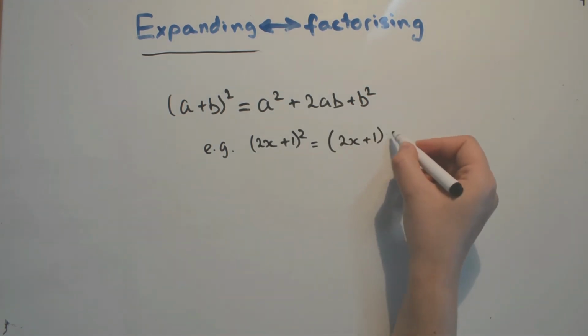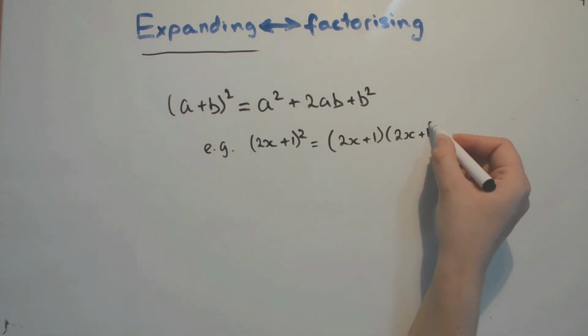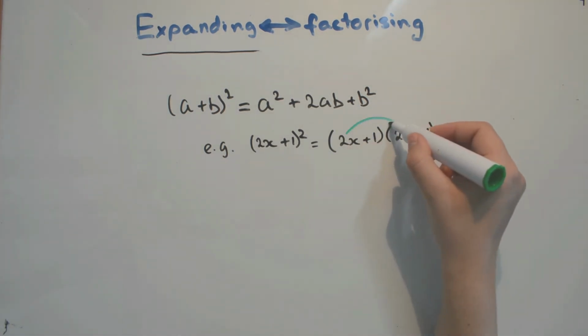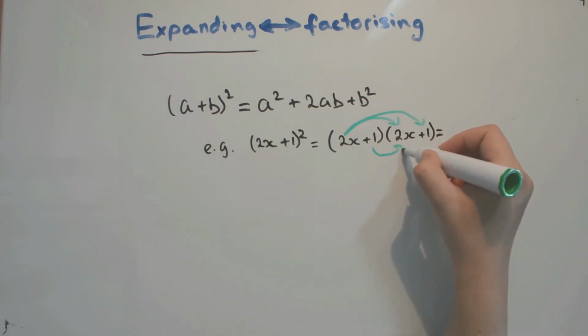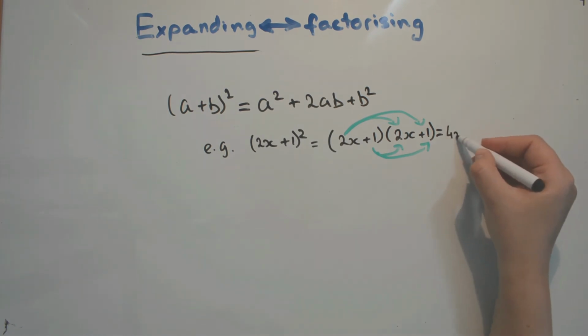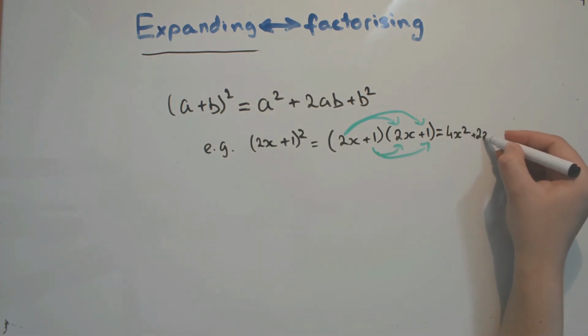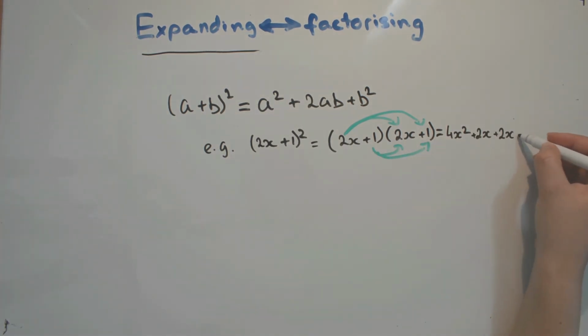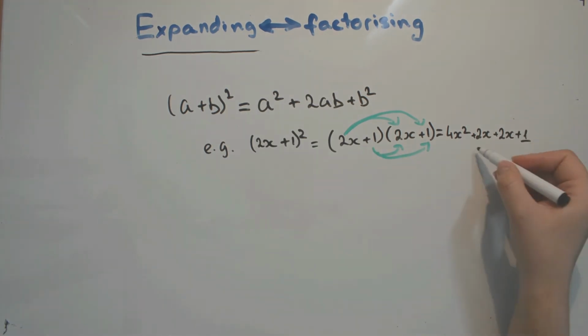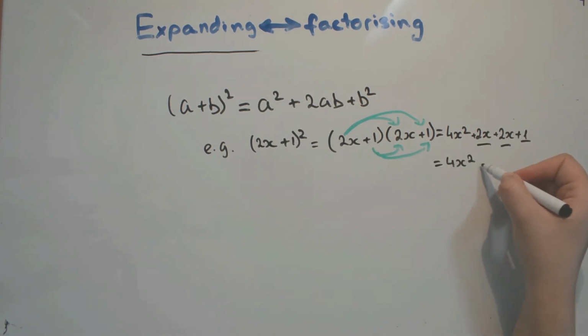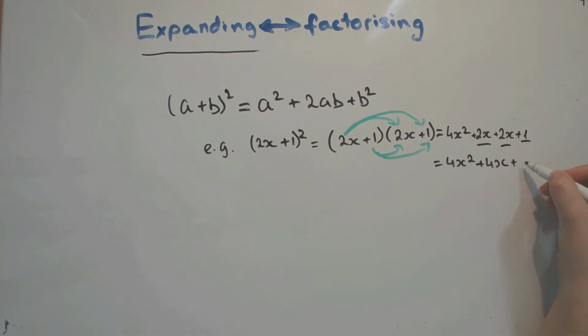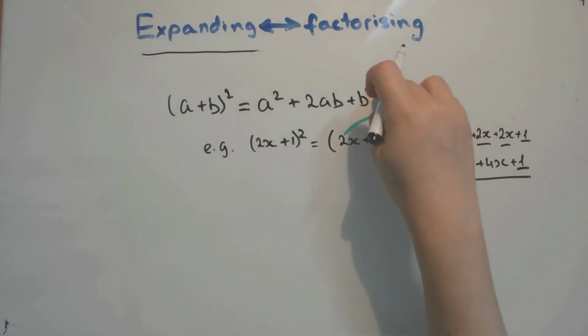So our example is 2x plus 1 all squared, and I'm just gonna multiply out 1 by 1 like we did on all the previous examples, and then simplify it a little bit, and we get 4x squared plus 4x plus 1. And now the second method I'm gonna use is just use this formula.